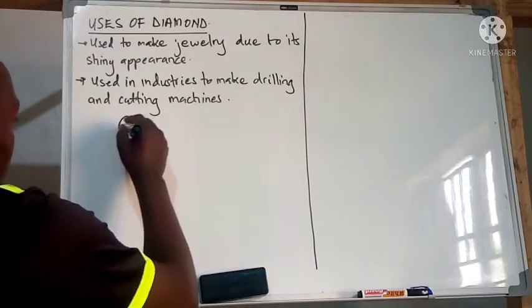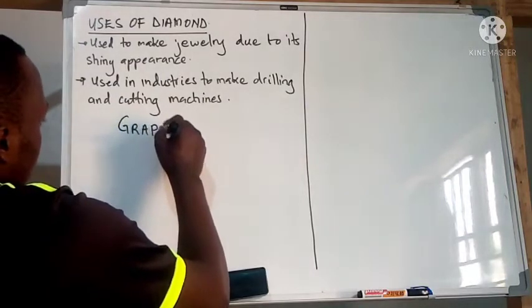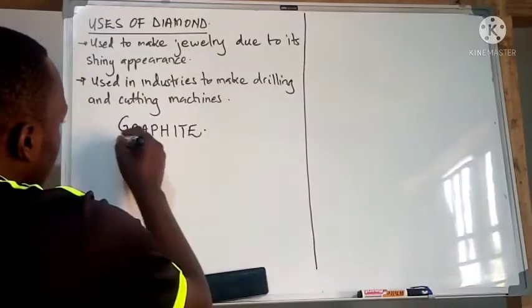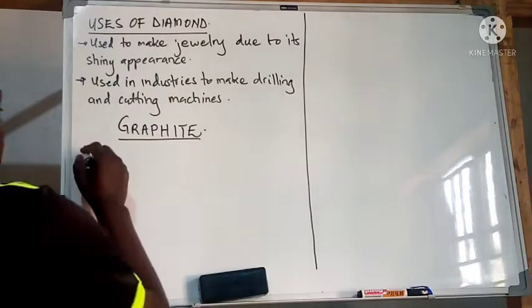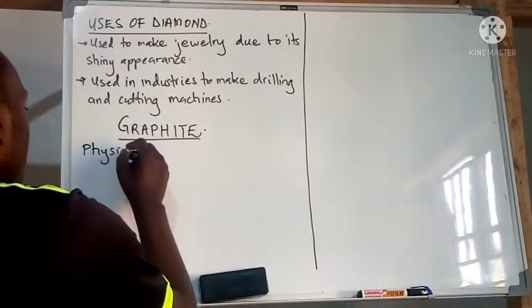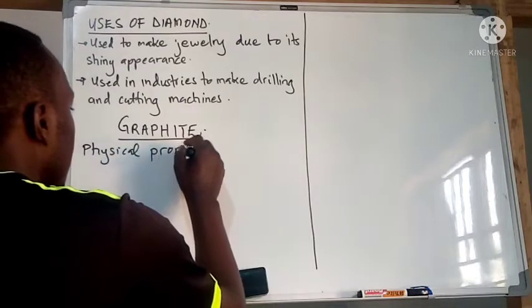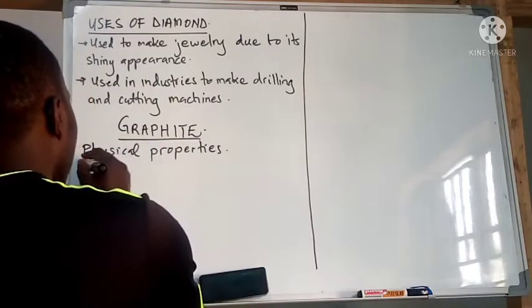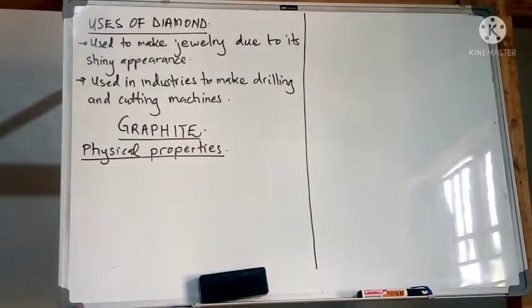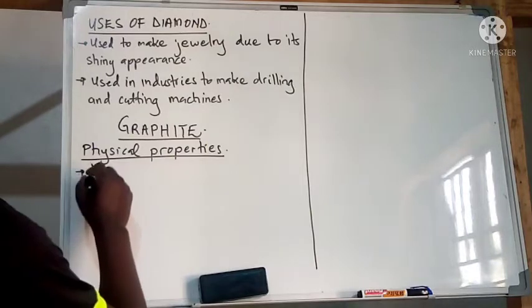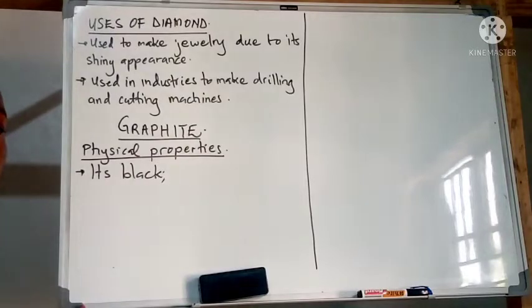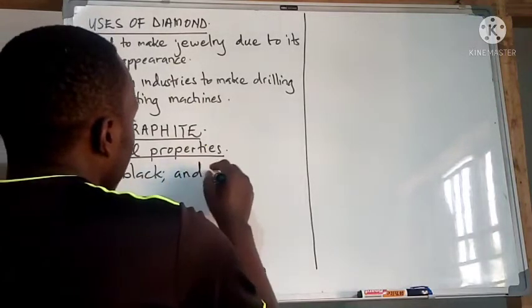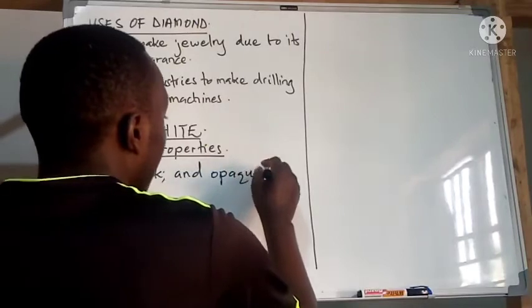Number 2 is graphite. This is another allotrope of carbon. And on graphite, we have to begin with the physical properties. What are some of the physical properties of graphite as an allotrope of carbon? Number 1, it's black. It has color and is opaque. It doesn't allow light to pass through it.